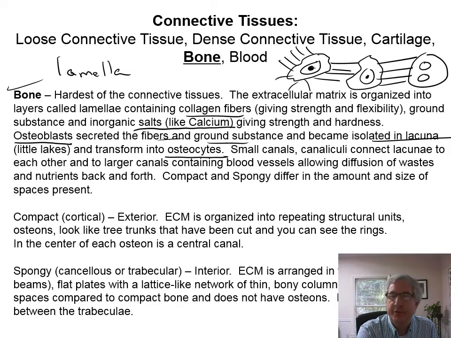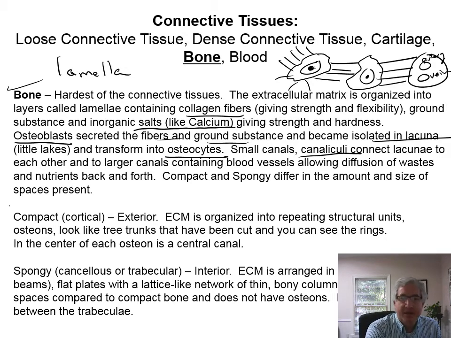So there's an artery, and here's a vein. So that's how those cells can stay alive. They're connected through these canaliculi to areas that have arteries and veins in them, and that allows diffusion of waste back and forth along these little tiny canals.